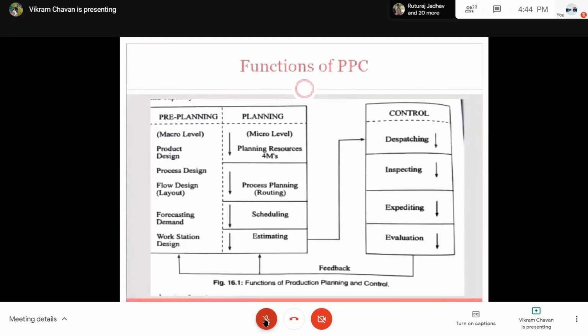If your company only assembles the product, or only machines the components, what will be the layout?